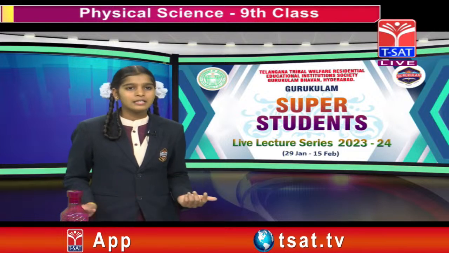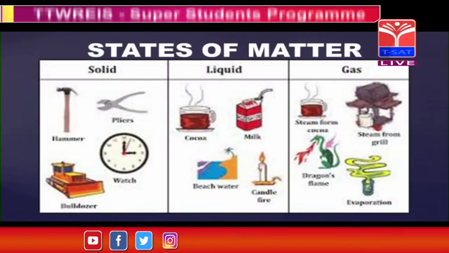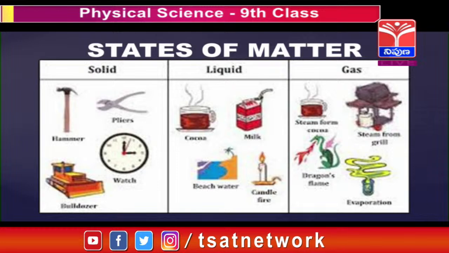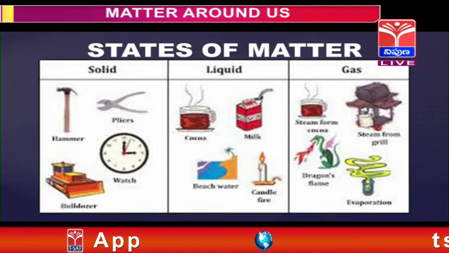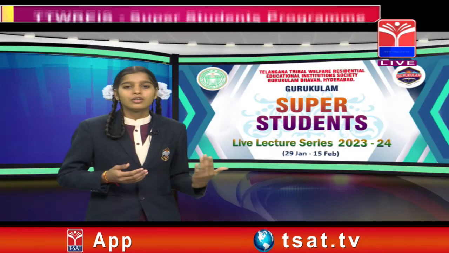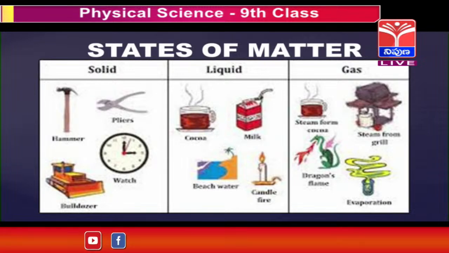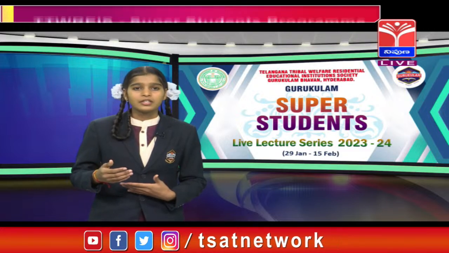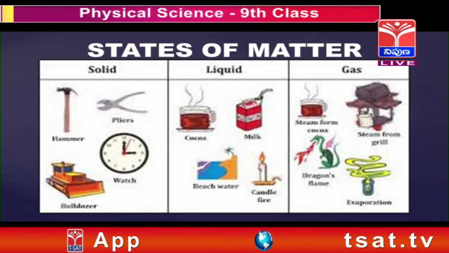Also here you can see more examples. Hammer, pillars, watch, tables, benches come under the examples of solids. In liquids: coffee, milk, water. In gases, we can observe fire, evaporation, steam. These are the examples of gases.